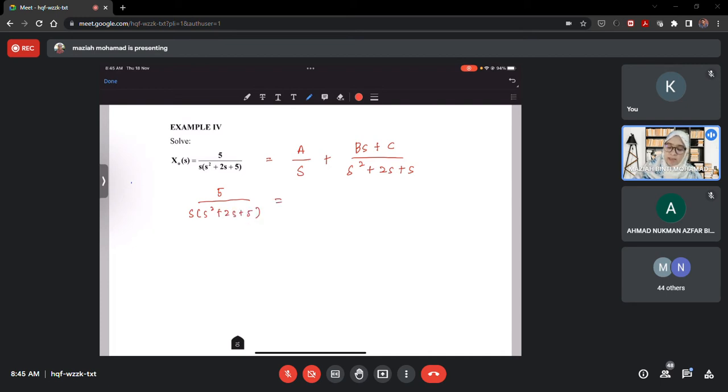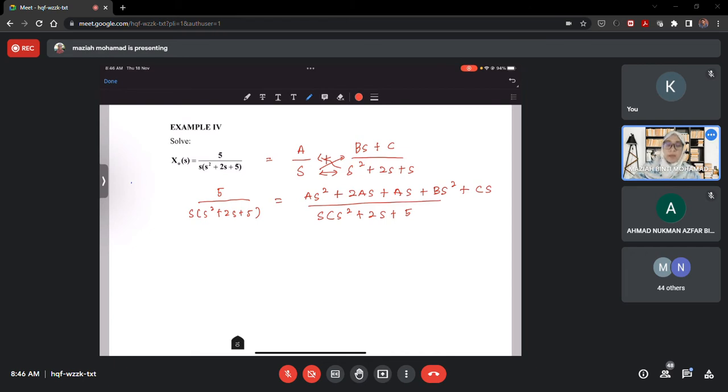It's similar to multiplying this, so the denominator becomes the same as s square plus 2s plus 5, and the numerator becomes As square plus 2As plus 5A plus Bs square plus Cs.